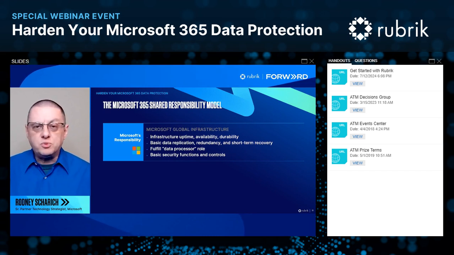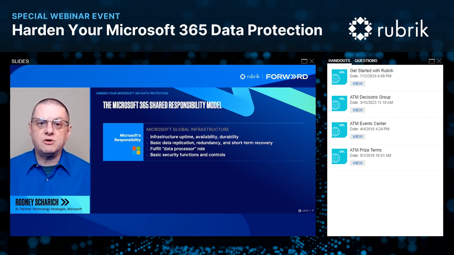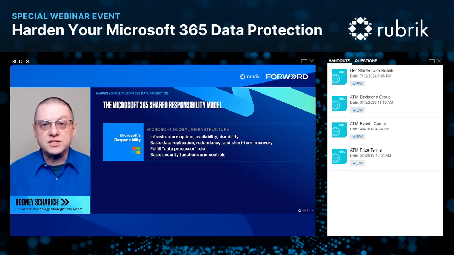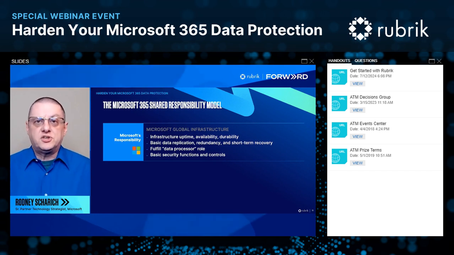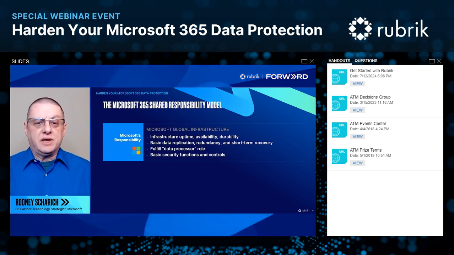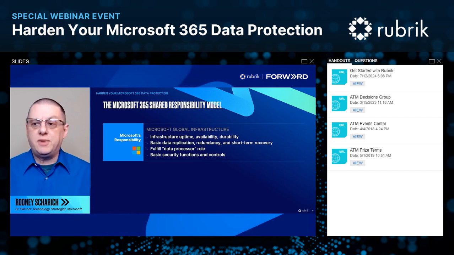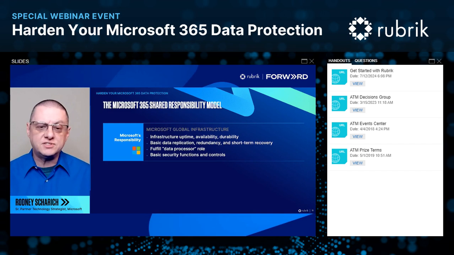We will have multiple copies of your data so that if there's a localized outage or issue, there's redundancy. We'll also make sure the basic security functions and controls are there, making sure that people don't have access to this from external or across tenants.